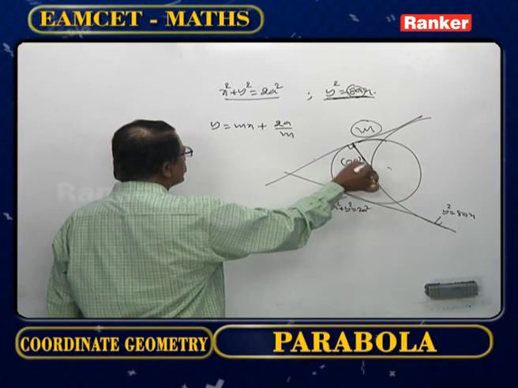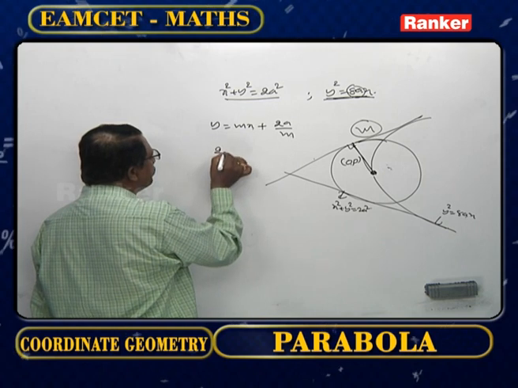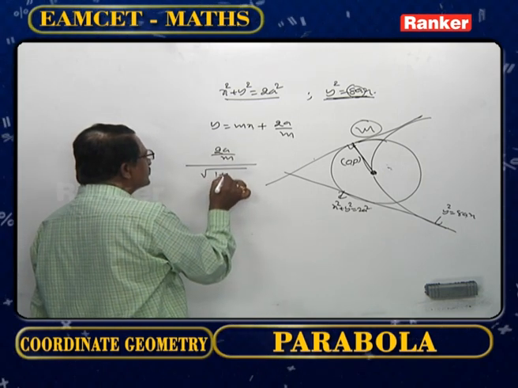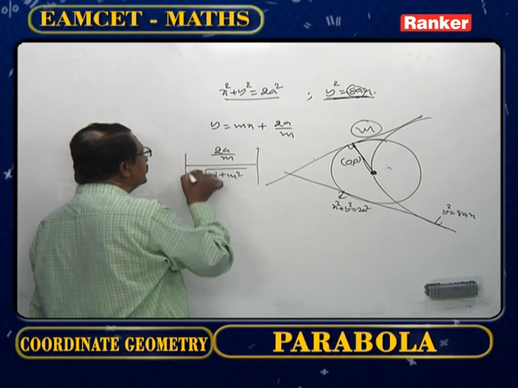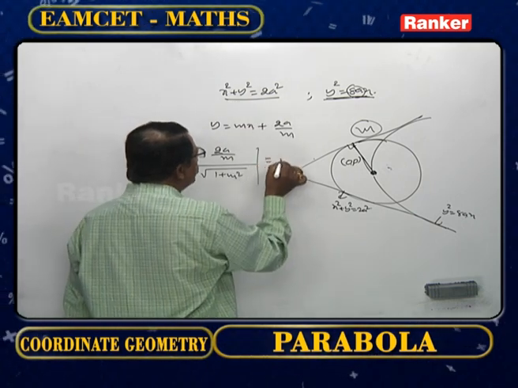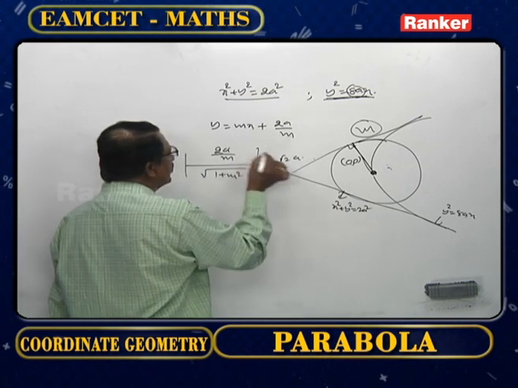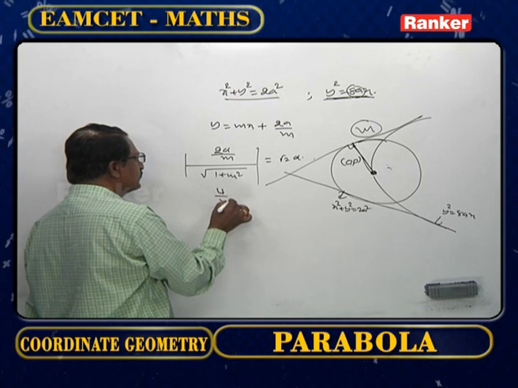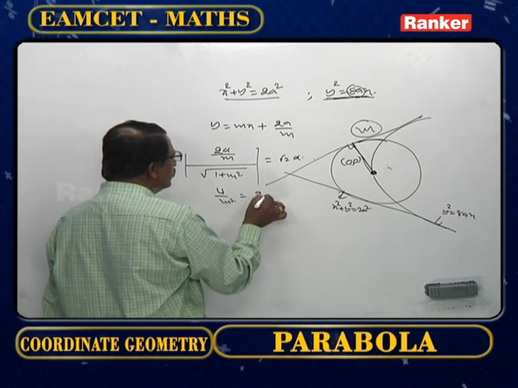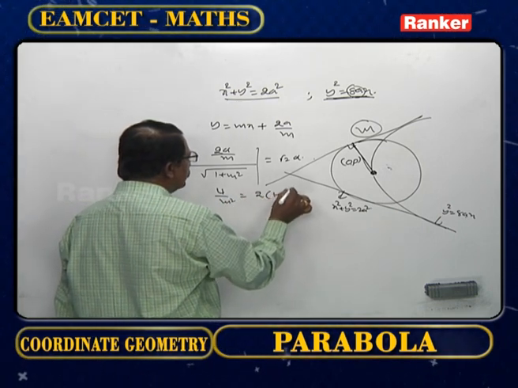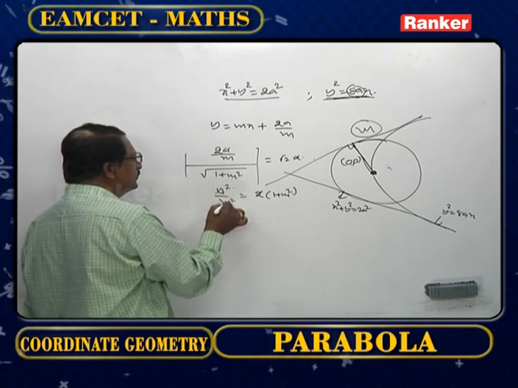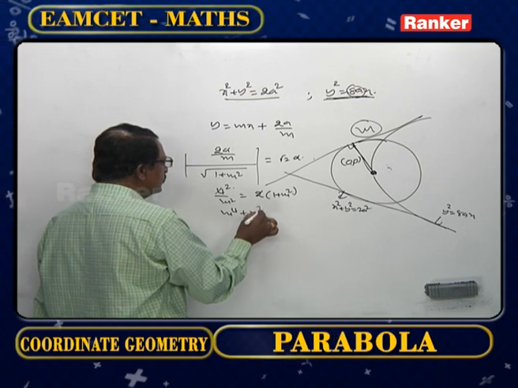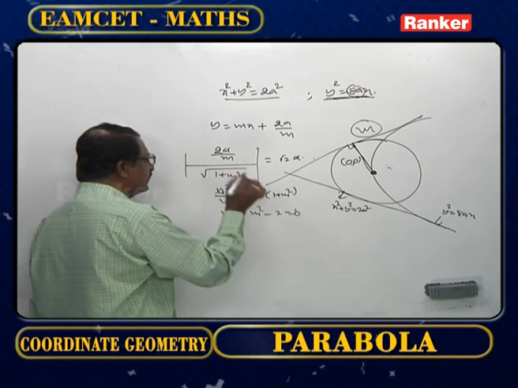Now the perpendicular distance from the origin to this line is 2a by m by square root of 1 plus m square, and that equals the radius of the circle, root 2a. Now a cancels, cross multiply and square on both sides: 4 by m square equals 2 into 1 plus m square. Now 2 cancels, again cross multiply: m power 4 plus m square minus 2 equals 0.